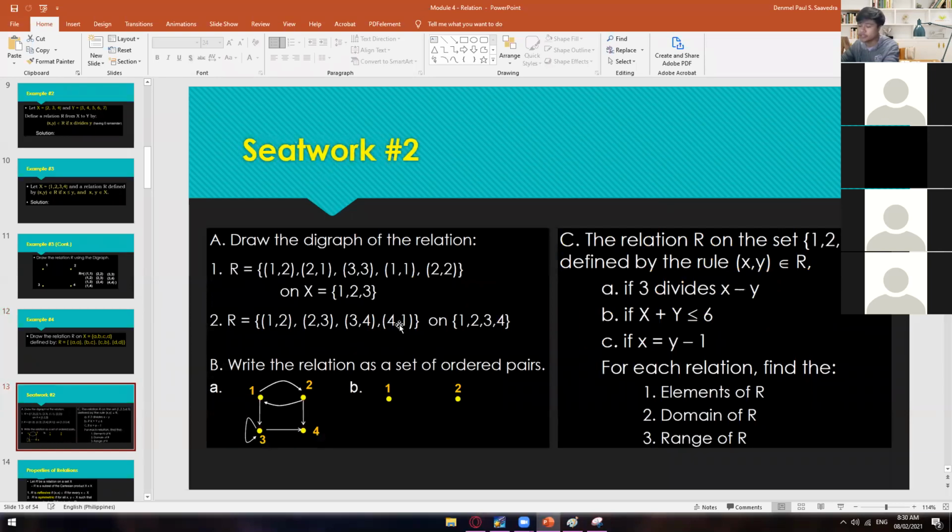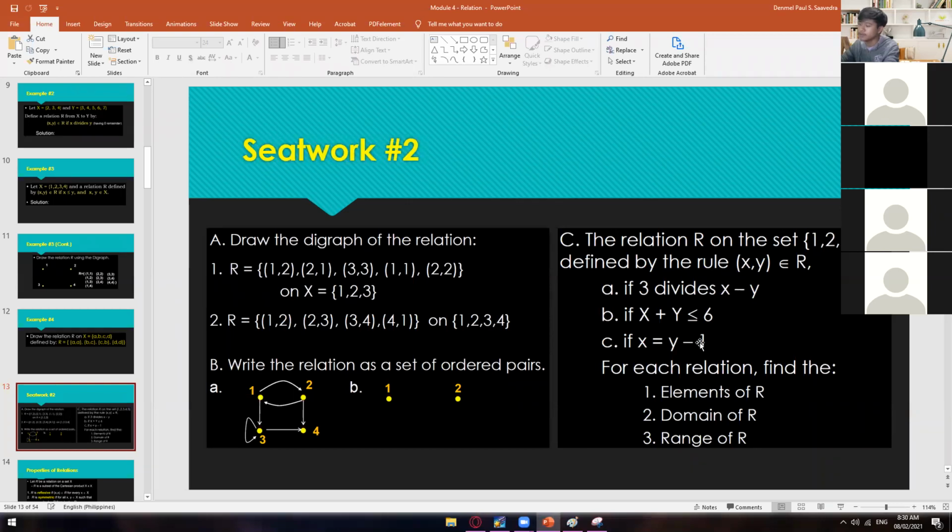You should come up with the same as letter A as a result, given this diagram. And then letter C, the relation R on the set 1, 2, 3, 4, 5 defined by the rule x, y is an element of R, and then we have three conditions.